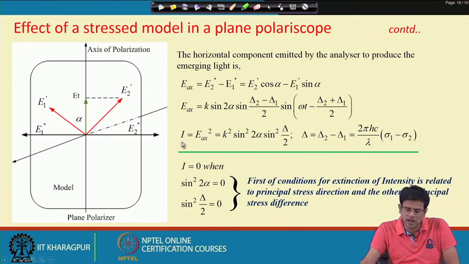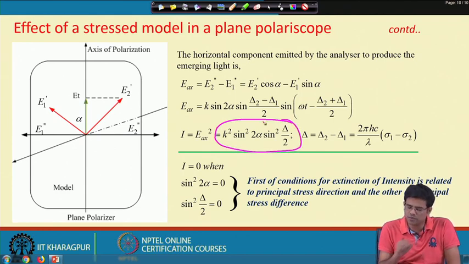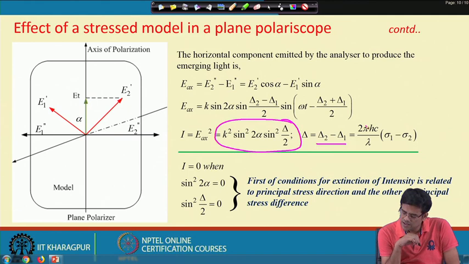With this, the intensity of the light, as we have seen earlier, is E A x square, which we can represent in terms of this equation. So, this I is in terms of this, and then delta 1 and delta 2 we can also write in this form.